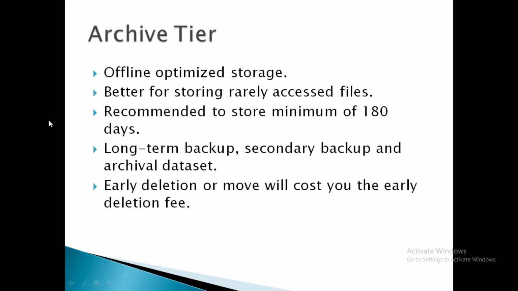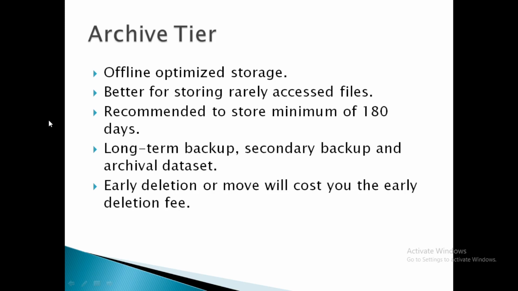The third one is the archive tier. Archive tier is basically offline optimized storage, better for storing rarely accessed files. If you have a file which you want to keep in this container for a long period of time, then you should go for the archive tier.